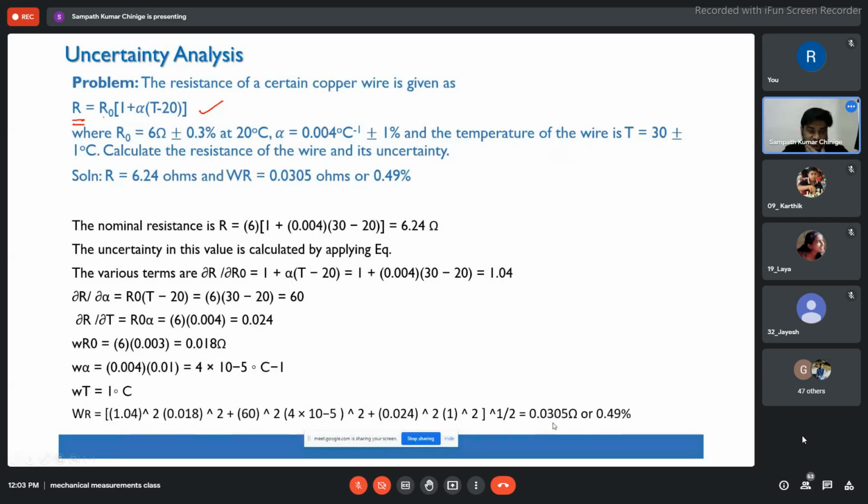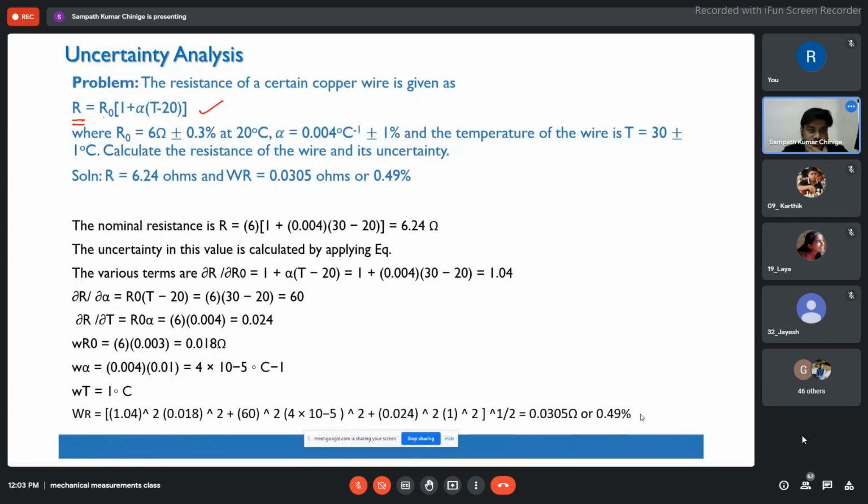Therefore we can say that the value of R is 6.24 plus or minus 0.0305, or if you convert that into percentage, you can say that 0.49%.